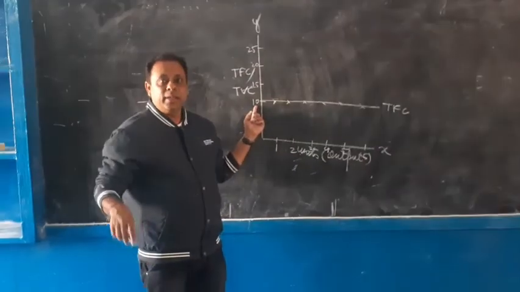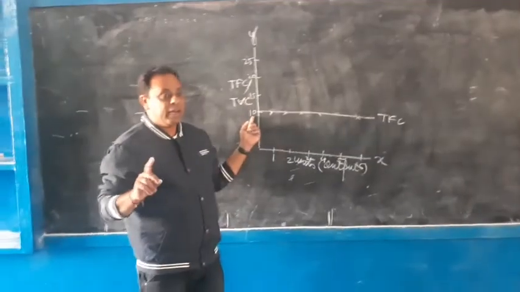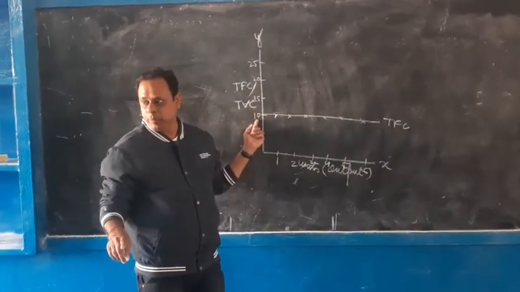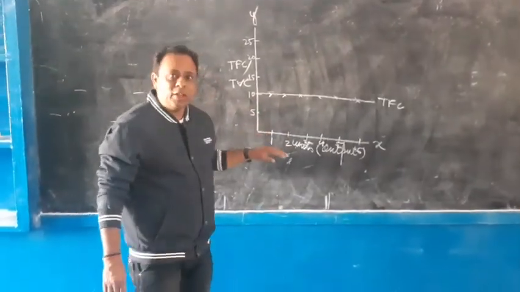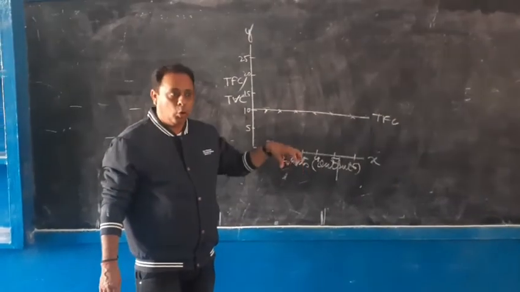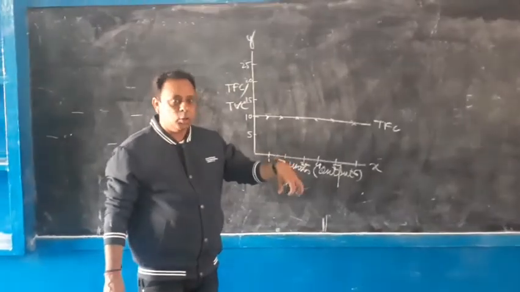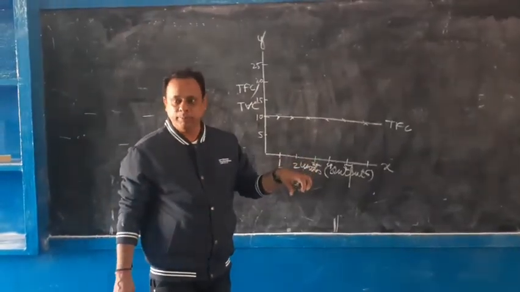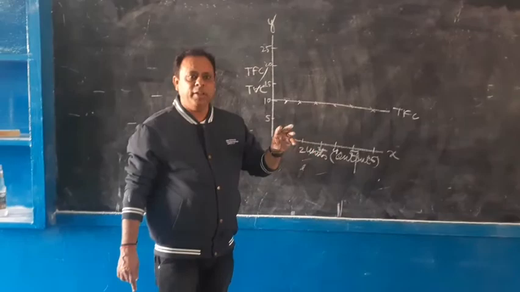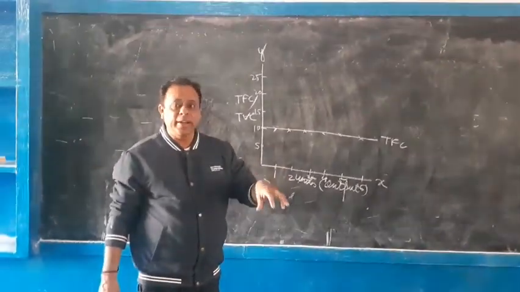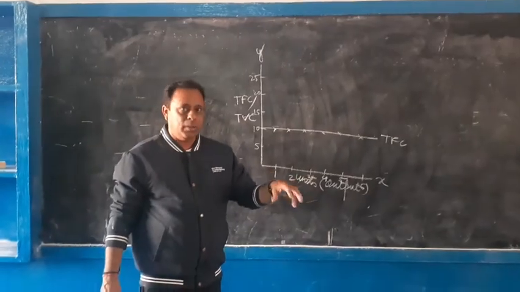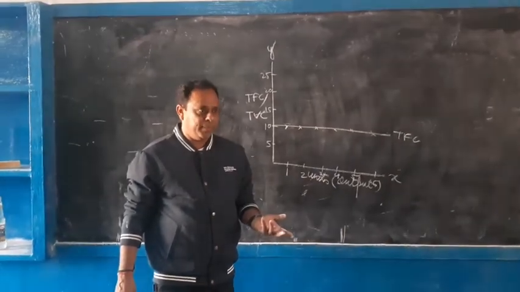Another thing is, total fixed cost can never be zero. The reason is that even if there is no production, it includes certain costs. For example, the factory is closed for a few days, but wherever the factory is, its rent, tax, and machine tax have to be paid.